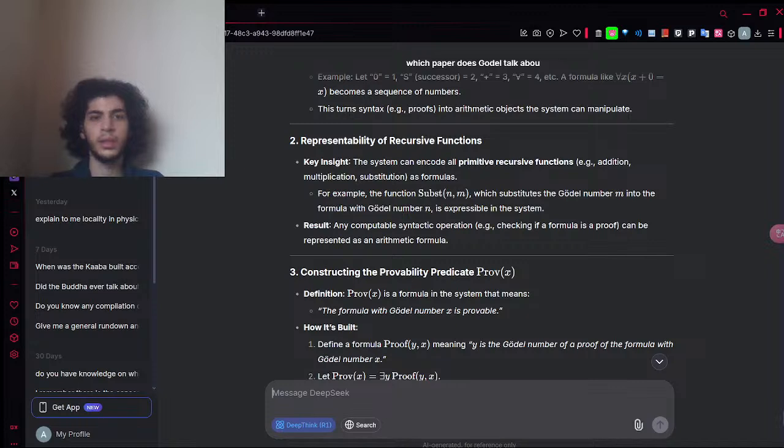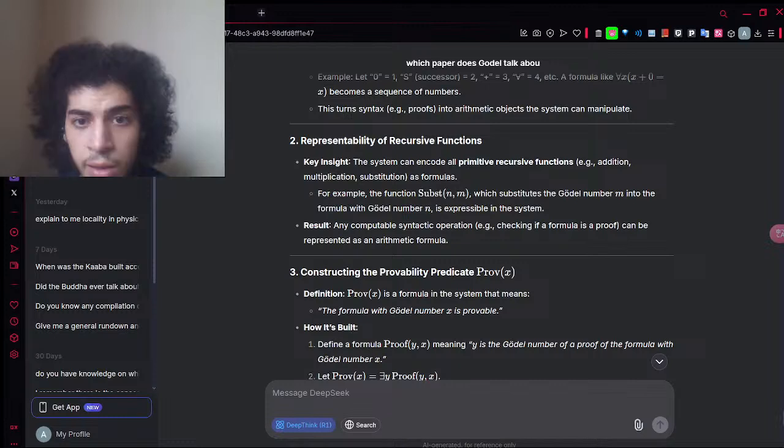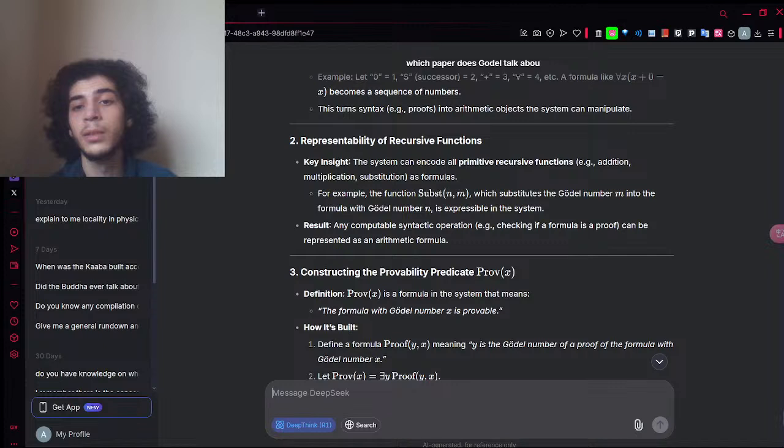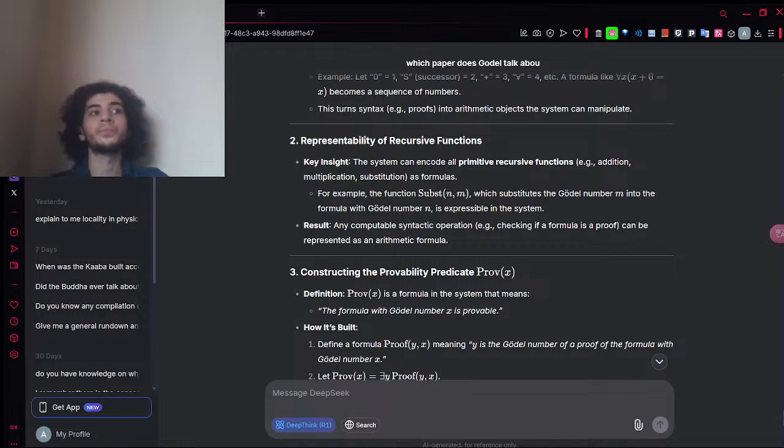Any computable syntactic operation, for example checking if a formula is a proof, can be represented as an arithmetic formula. Constructing the provability predicate.